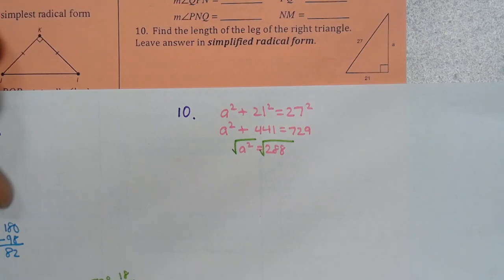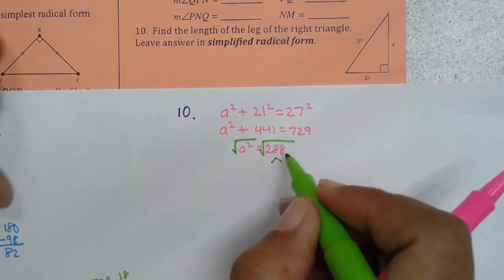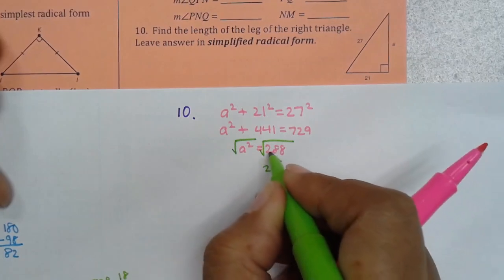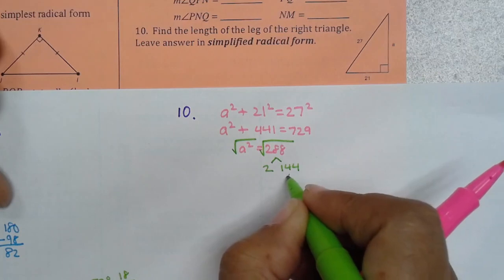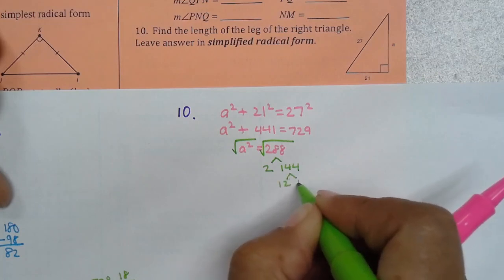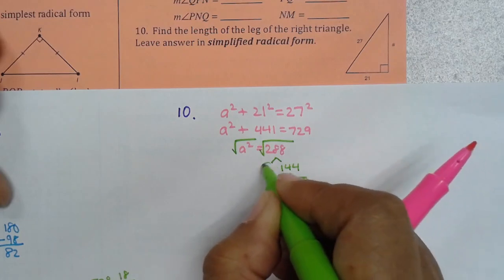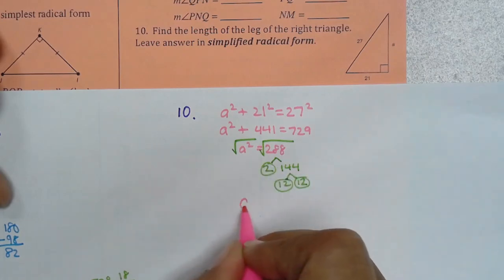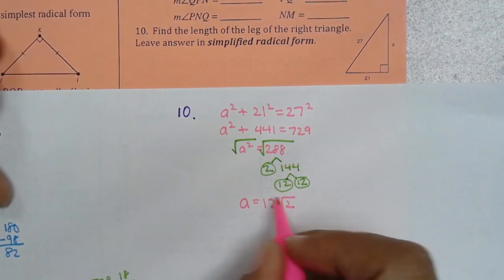So we don't want to write a decimal because this is asking us to write a simplified radical form. So I'm going to instead break this down. Now I know it's even, so I know 2 is going to go in there, and that goes in there 144 times. 144 I know is 12 times 12. So that's my pair, and the 2 is left over. So a is going to equal 12 root 2.